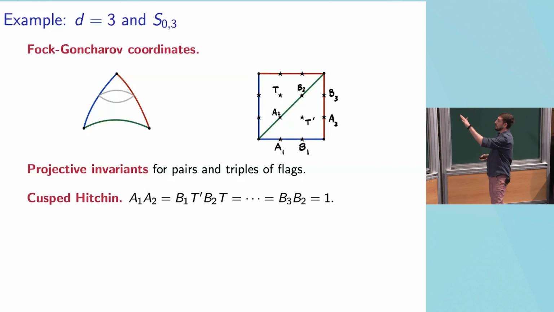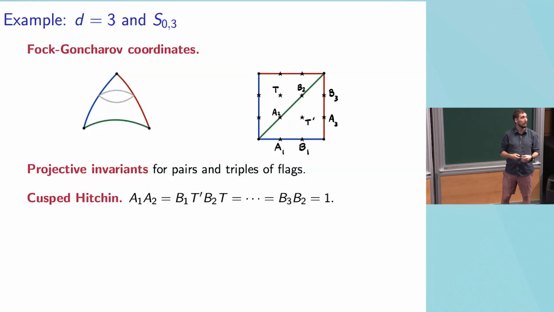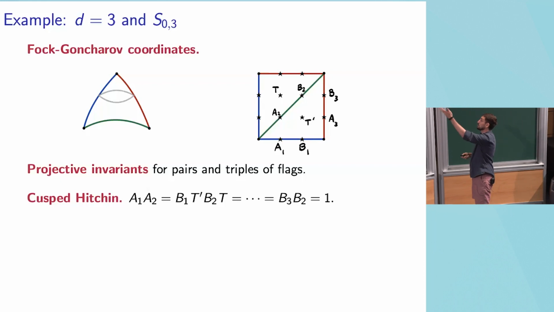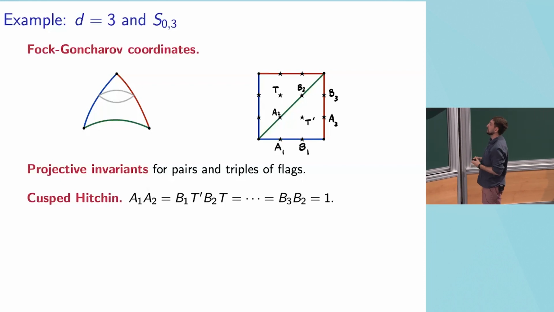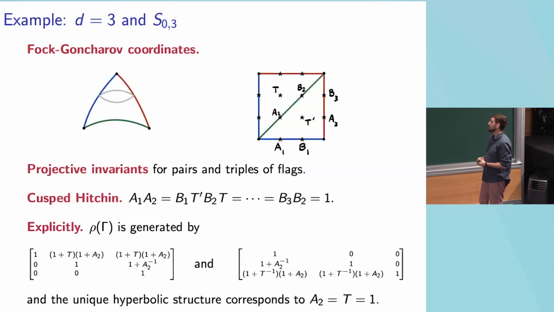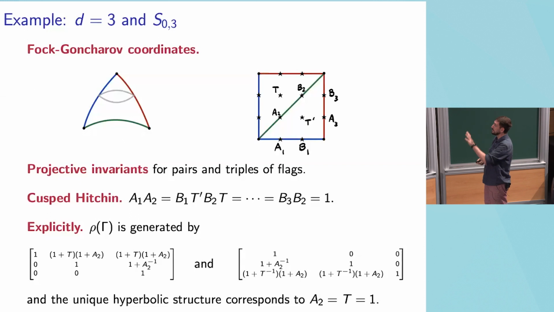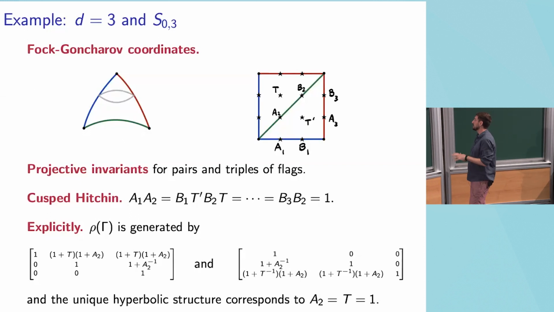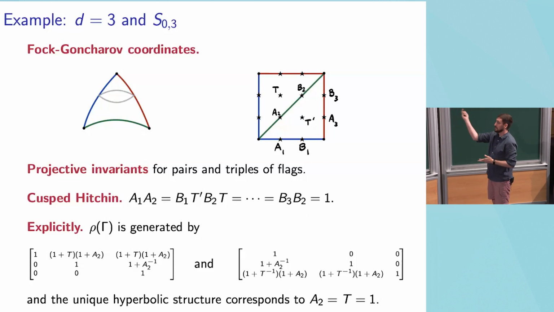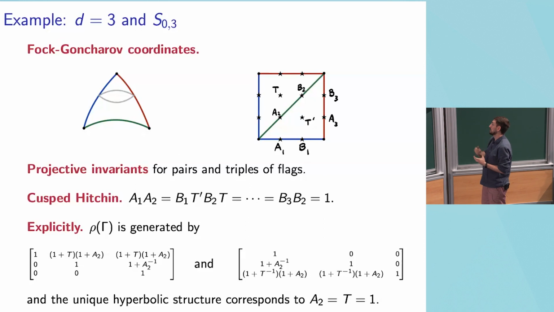And the condition that we're cusped Hitchin, so this condition about the parabolics, can be determined explicitly in terms of these coordinates, if you're familiar with them. So I did the computation. I hope this is probably 90% right, maybe 95. But I think these generate all cusped Hitchin representations for this surface.